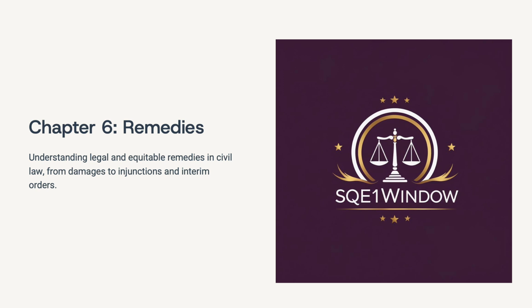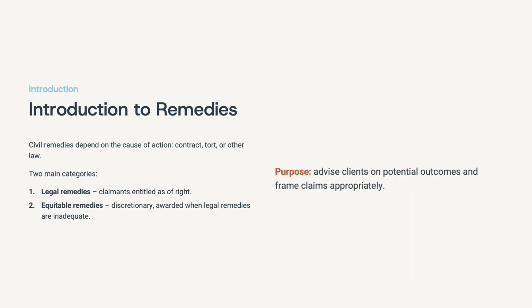We will be talking about remedies today. So, to dive into civil remedies, or as I like to call it, how the law sorts out when people are unreasonably inconvenient. Remedies are the court's toolkit for putting things right when they are wrong.